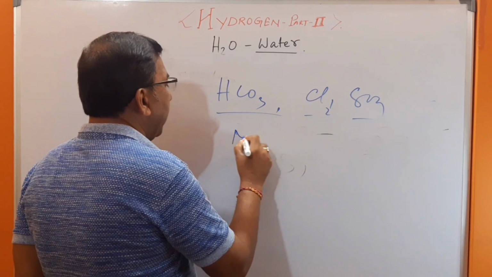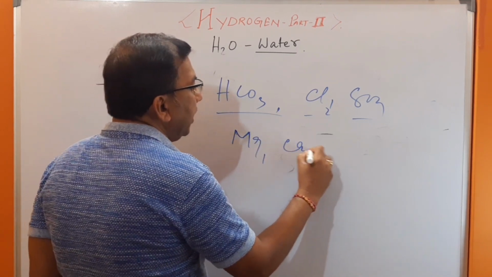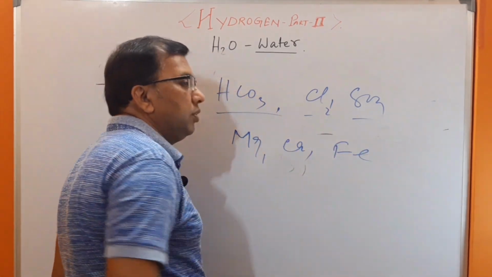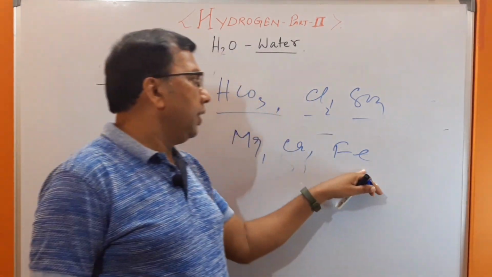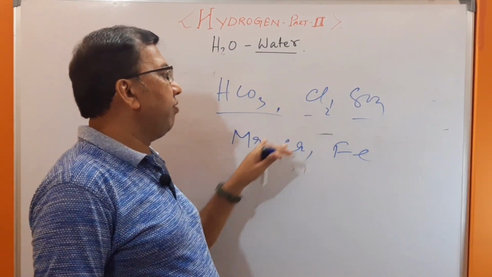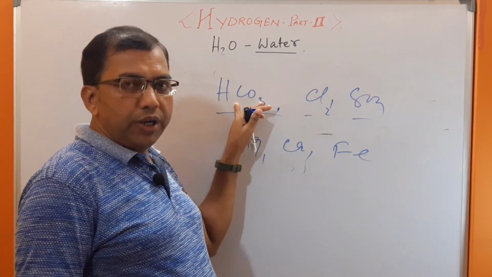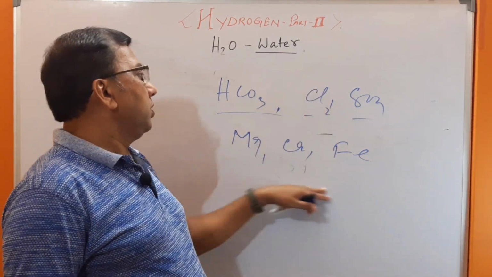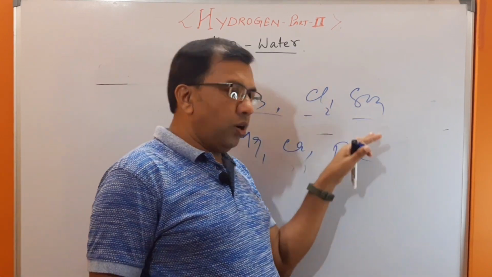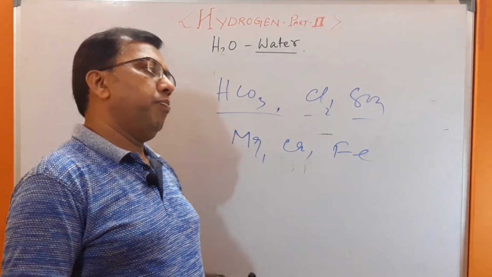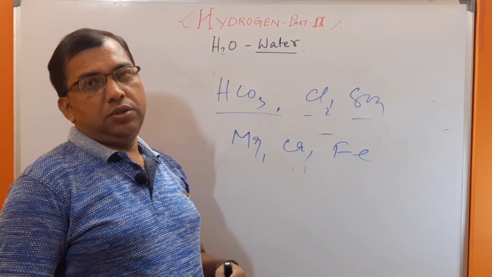Of magnesium, calcium, iron. These two metals, these minerals: the chloride of the mineral, the sulfate of the mineral, the bicarbonate of the mineral. These carbonate, bicarbonate, chloride and sulfate salts dissolve in water and produce the hardness.